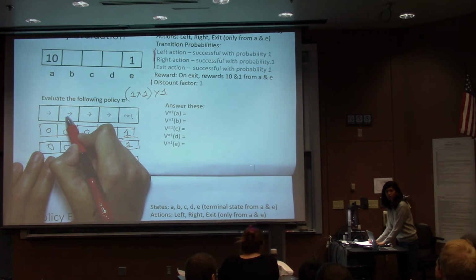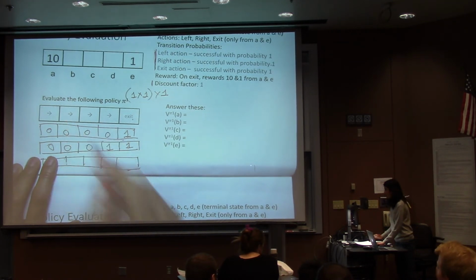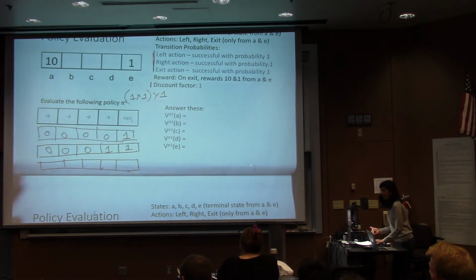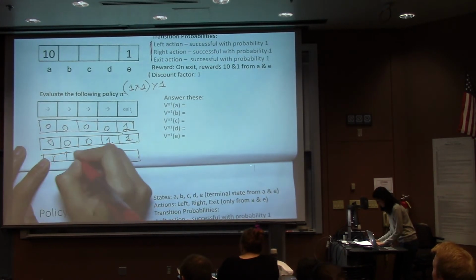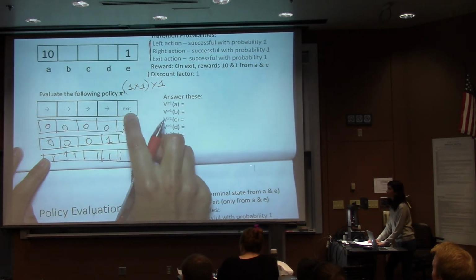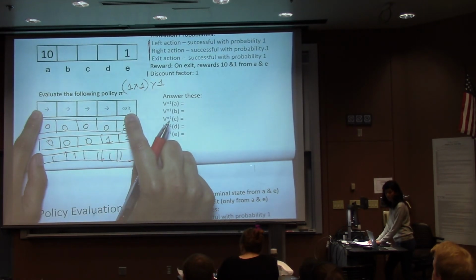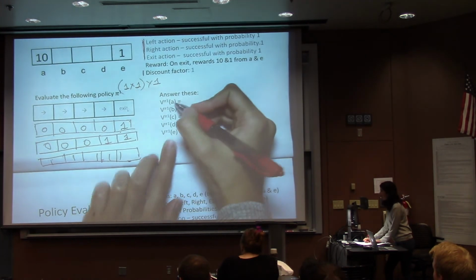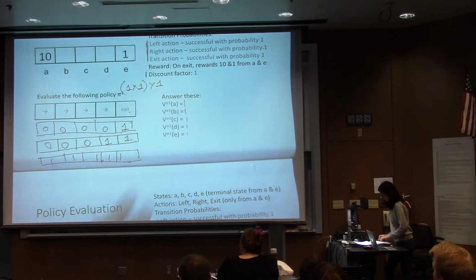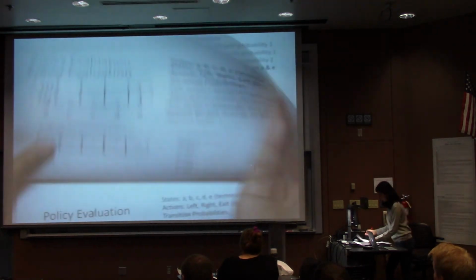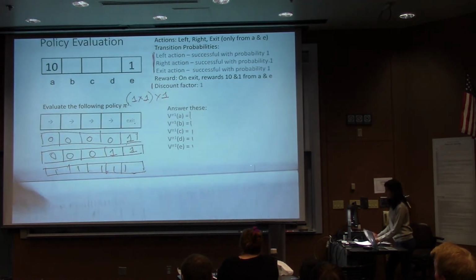You wouldn't get the reward on the transition. So if you go further with this thing, you would see that in the end you would get 1, 1, 1, 1 because this reward basically gets propagated throughout. And so your values for all these will be 1, because you're just following that policy.